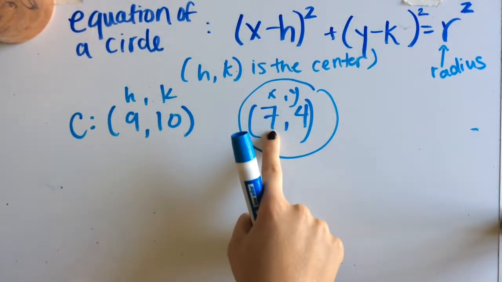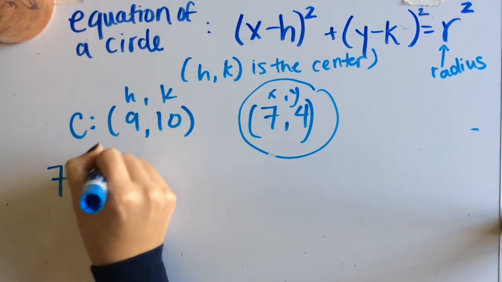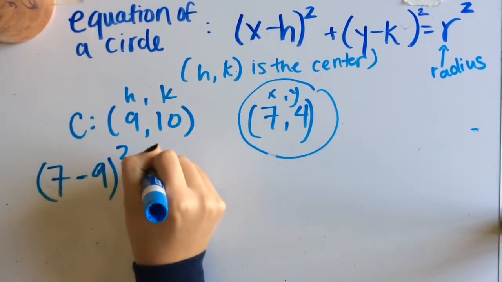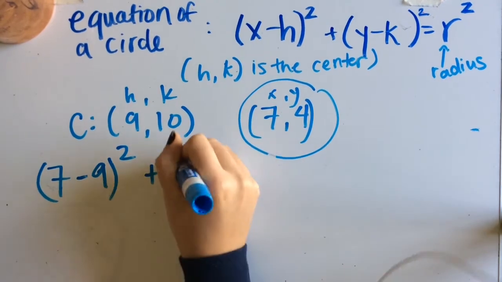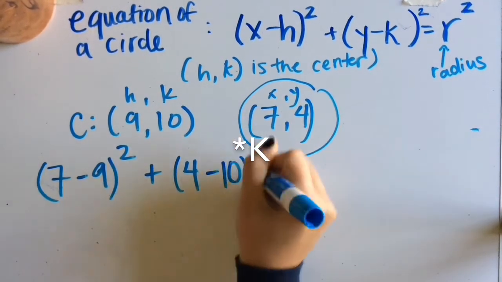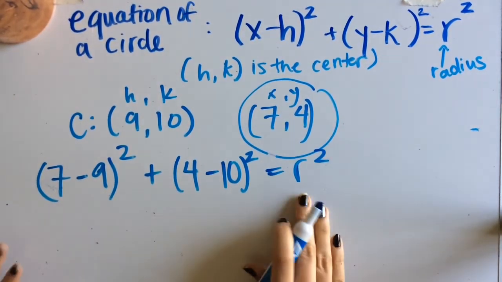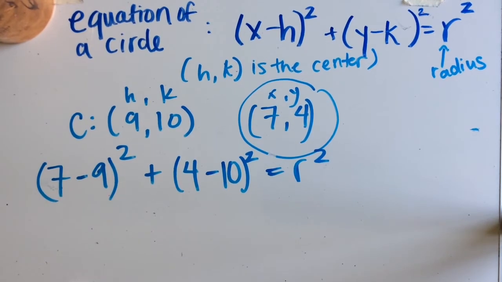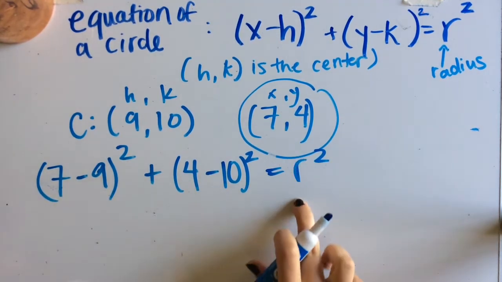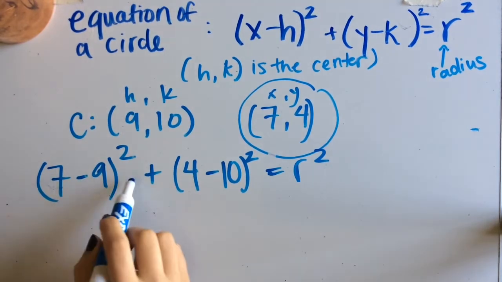Let's say 7 is x: 7 minus 9, squared, plus y, which is 4, minus k, which is 10, squared, is equal to the radius squared. We don't know what the radius is, but we're going to solve for r, because we want to find the general equation of this circle. So 7 minus 9 is -2.